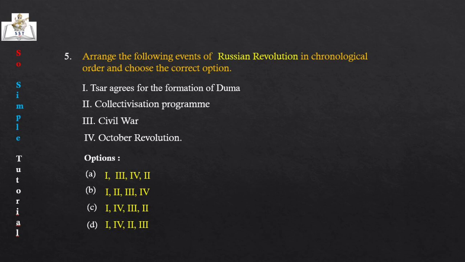Then October Revolution. That means which year? 1917. After this we know that the Civil War happens. And lastly, the collectivization program by Stalin. So what will be the sequence? 1, 4, 3, 2. You have to see which option has this sequence and select that option as the right answer. I hope you have understood.